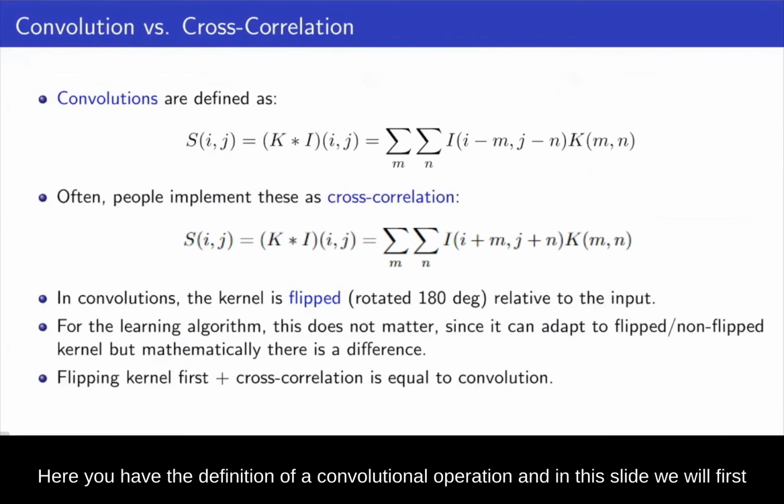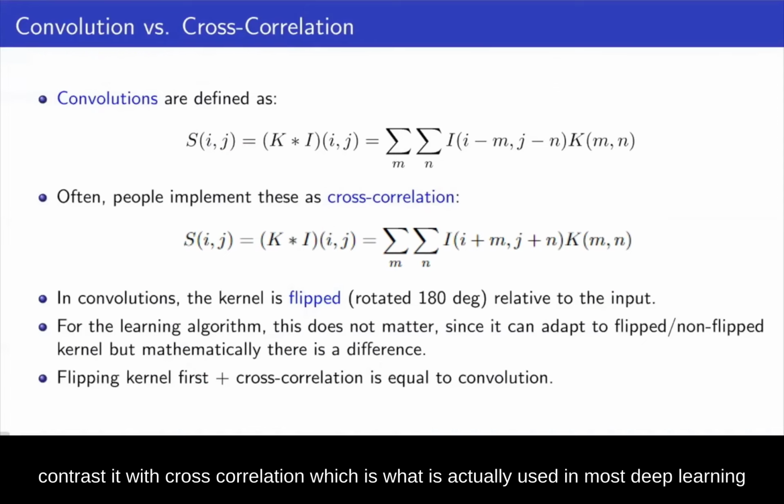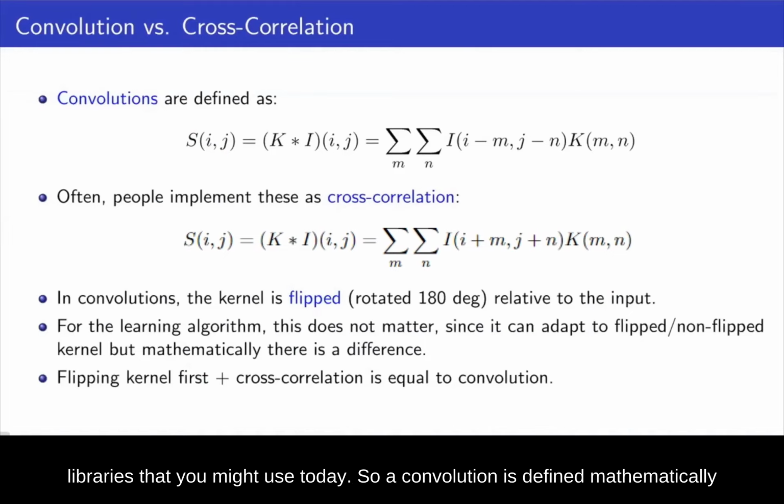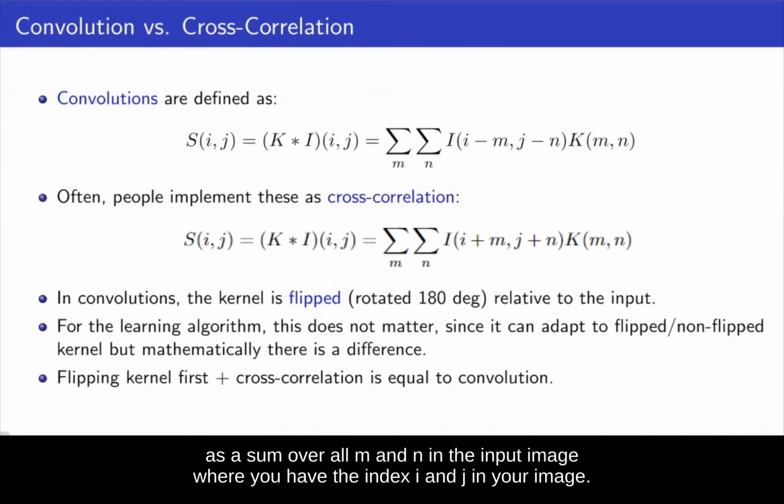Here you have the definition of a convolutional operation. And in this slide, we will first contrast it with cross correlation, which is what is actually used in most deep learning libraries that you might use today. So a convolution is defined mathematically as a sum over all m and n in the input image, where you have the indices i and j in your image.